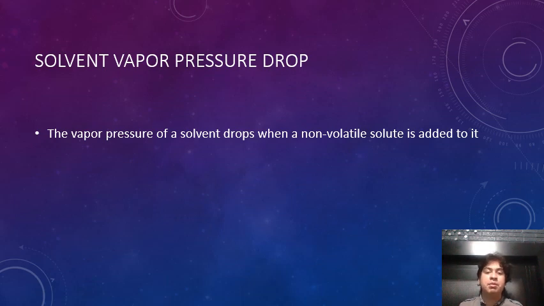The mathematical foundation of this fact is Raoult's observation, and the relative decrease in the vapor pressure of the solvent in a solution is proportional to the mole fraction of the solute.